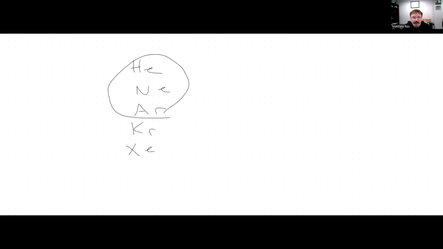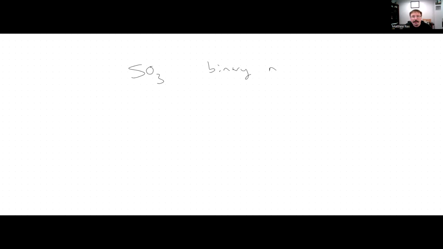Give the correct name for the following compound, SO3. Well, now I have a binary compound of only non-metals, which tells me it is not ionic, but this is a covalent compound. And when we name covalent compounds, the first one keeps its name just as it is. This would be sulfur.